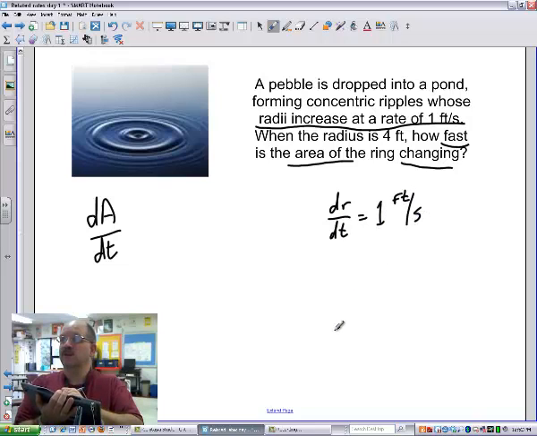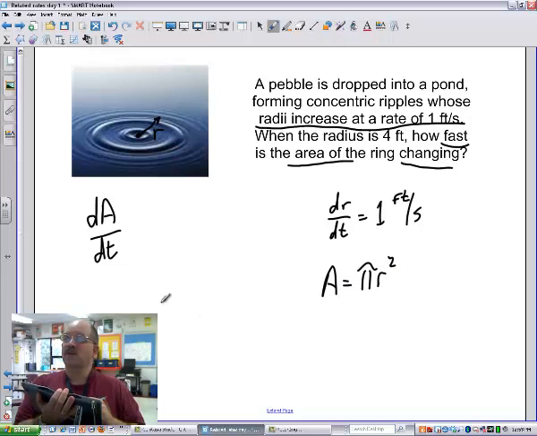What else do we know? We know that these rings are like circles with radius r, and we know how to find the area of a circle: the area of a circle is pi r squared.